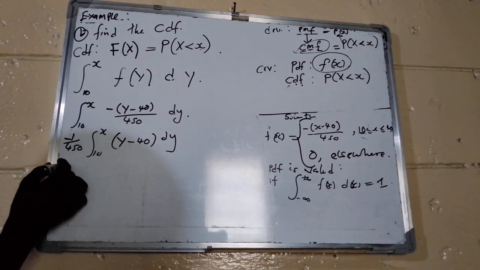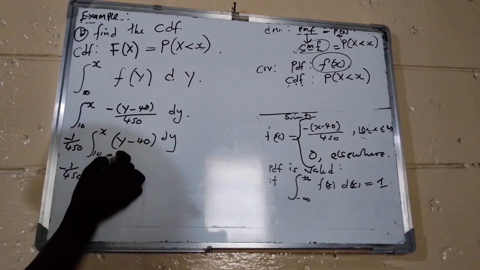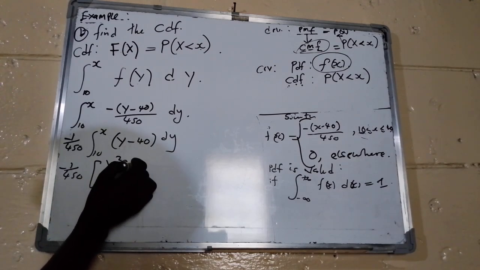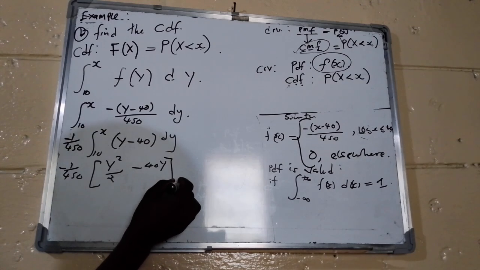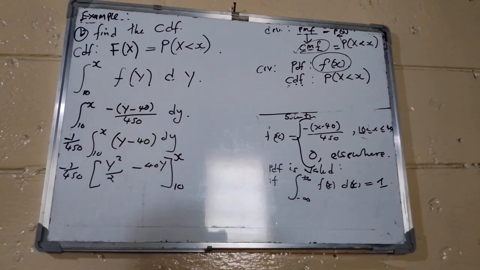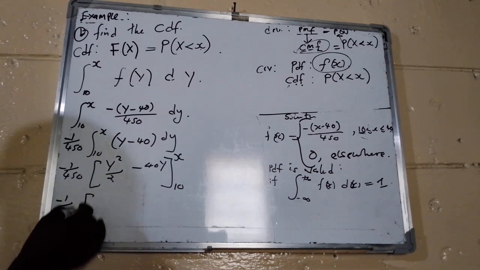Integrating, I'm going to have negative 1 over 450 times y squared over 2 minus 40y, with the limits from 10 to x. Replacing the limits, I'm going to have negative 1 over 450, open brackets.